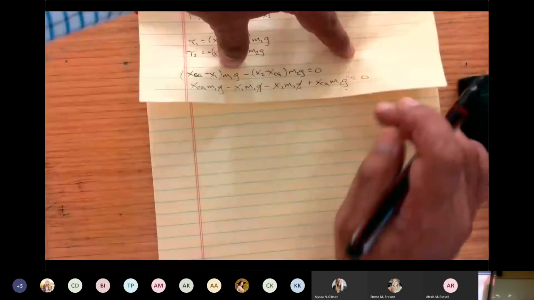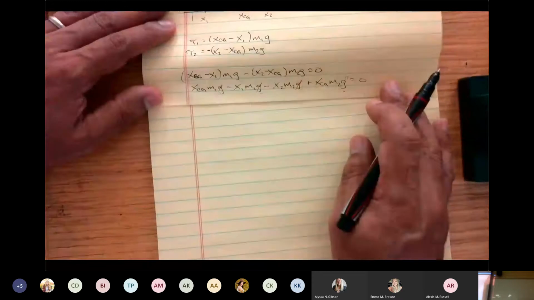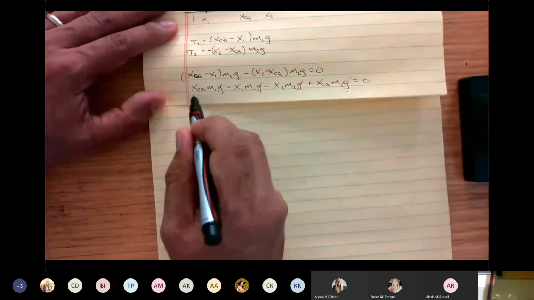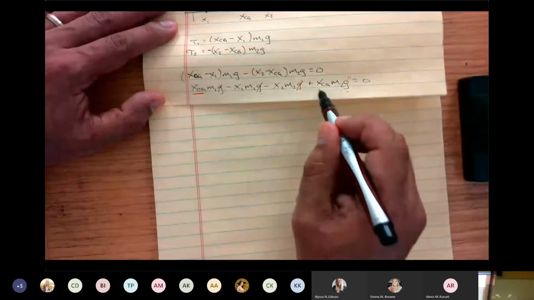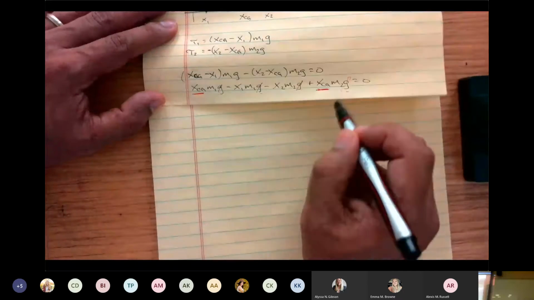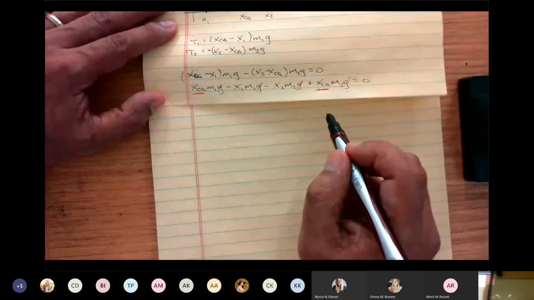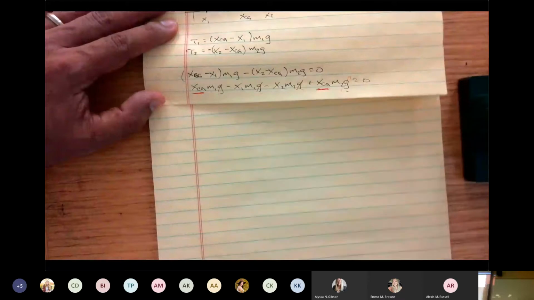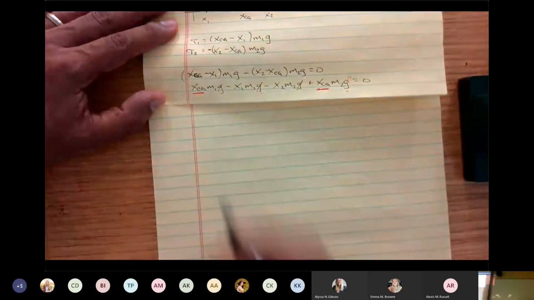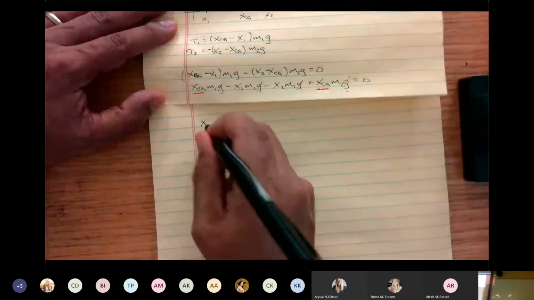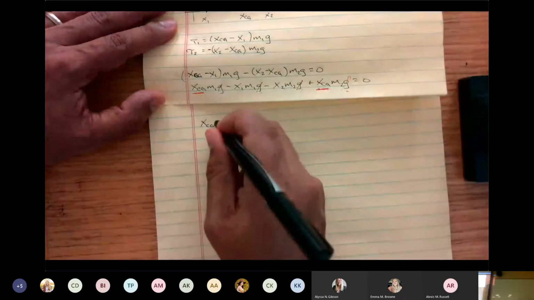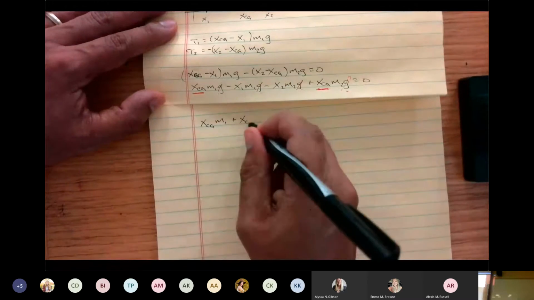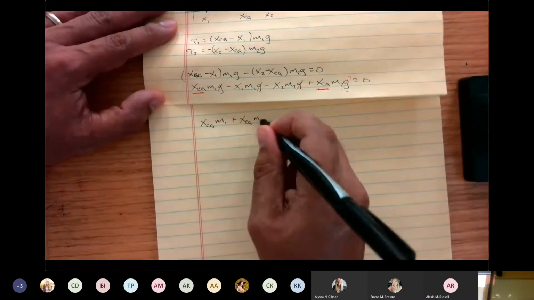Now I need to solve for the center of gravity. All the elements that have this term, x sub cg, I'm going to leave on the left side, and everything else I'm going to put on the right side. So on the left side, I'm going to have x cg m1 plus x cg m2.